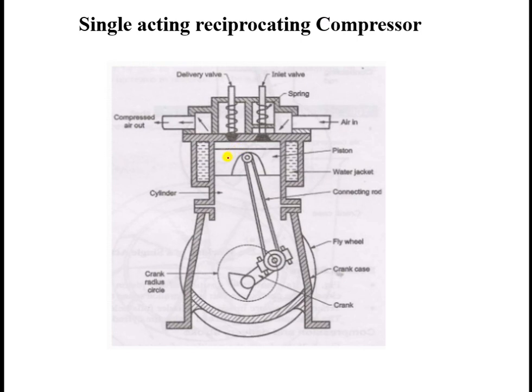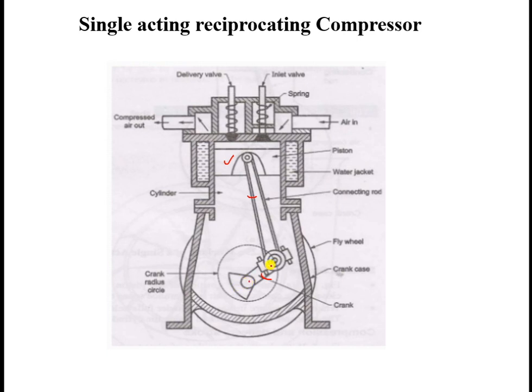Now this is the cylinder part. Wherever this pointer is moving, inside it we have the piston; this is the connecting rod, this is the crank, and this is the crankshaft. Because this is a power absorbing machine, the crankshaft is attached to the prime mover, that is, an electric motor or IC engine, which will rotate the crankshaft.